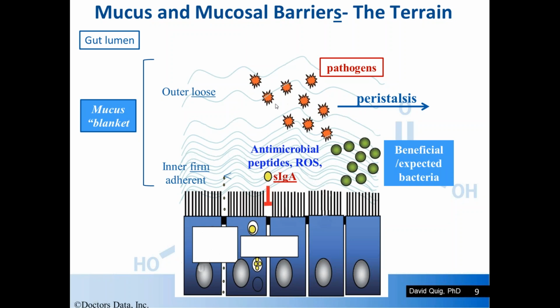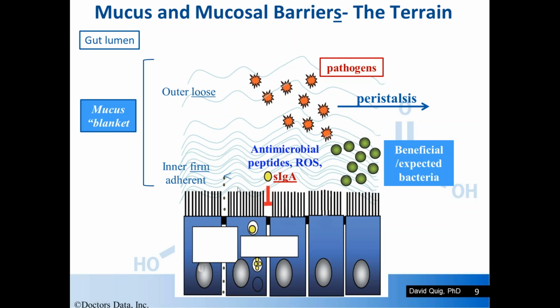Then underlying the loose layer, we have the much denser inner firm adherent mucus barrier that harbors the commensal beneficial bacteria and also harbors the antimicrobial peptides, the protective reactive oxygen species, and very importantly, that's where secretory IgA resides.